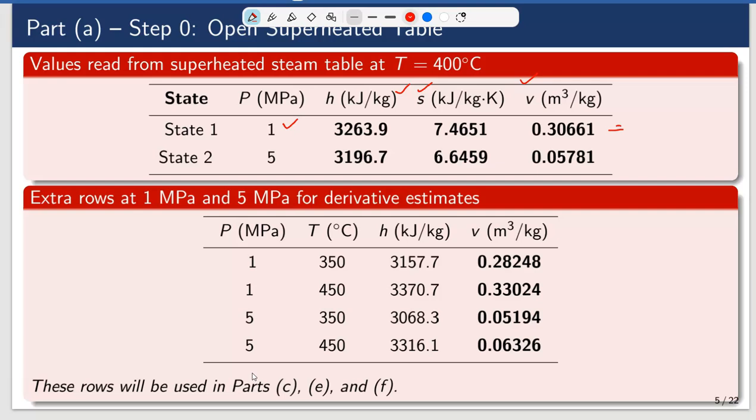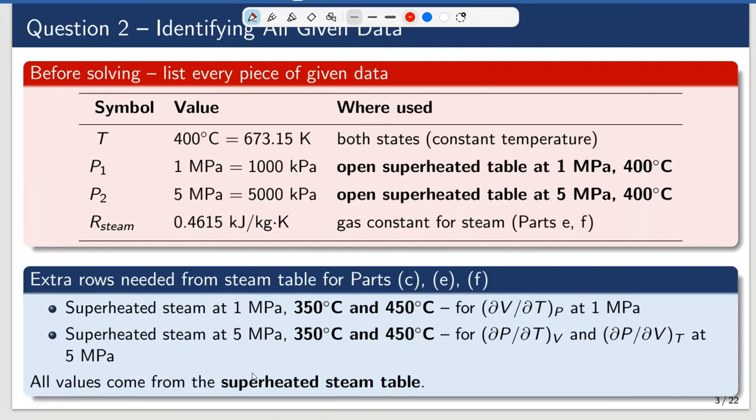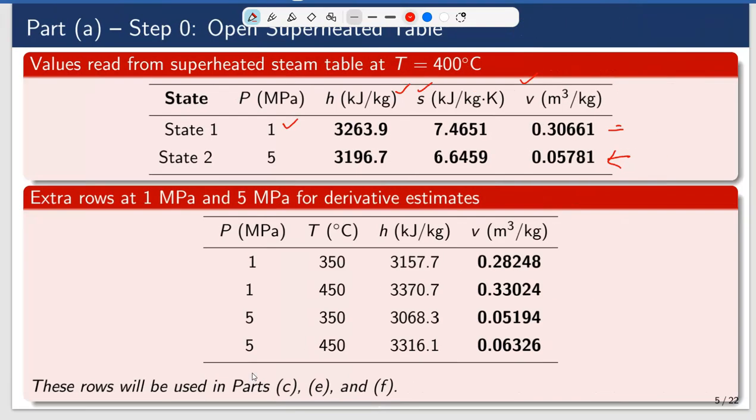So we can get all this data from the steam table. So H, S and V that we got from the steam table. And extra, to calculate other, that dou P by dou rho. So to calculate this value, we need all these parameters. Okay, so that is given here.